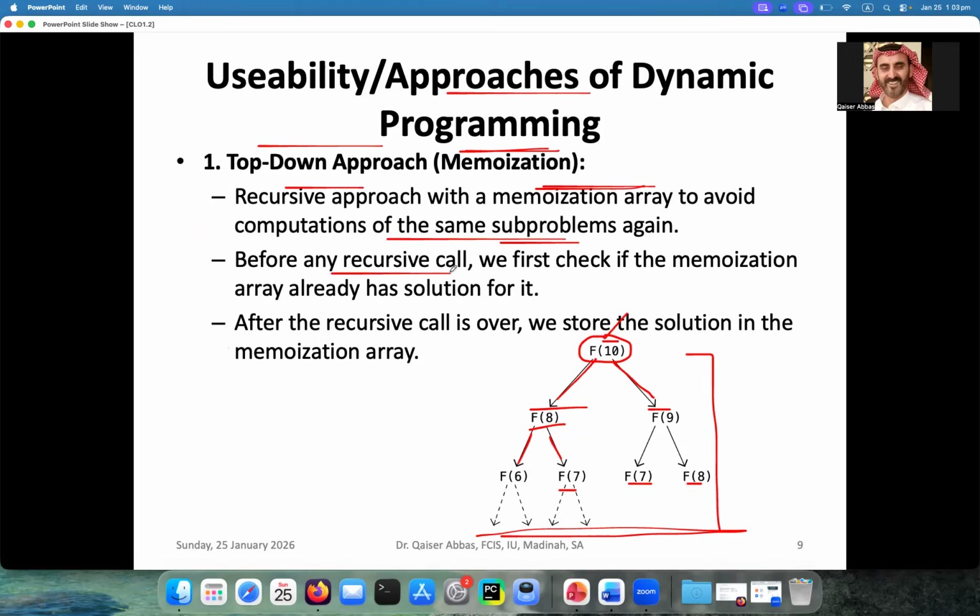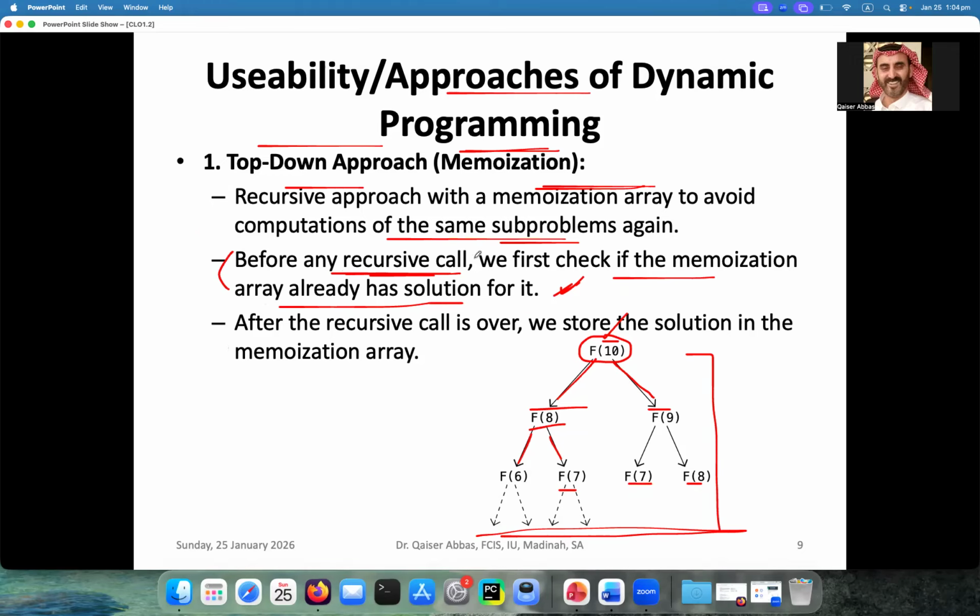Before any recursive call in the algorithm, we will check whether the memoization array already has the solution for it. If so, we will use it. And if that is not available there, only then we will go for the recursive call to find the solution for that subproblem. The word subproblem is not mentioned here, so it can be ambiguous, but I am giving that word to you.